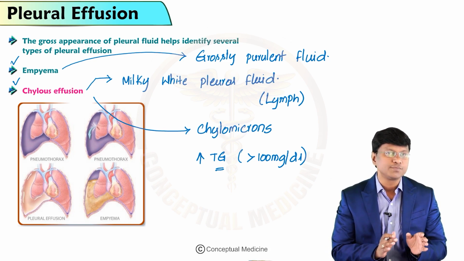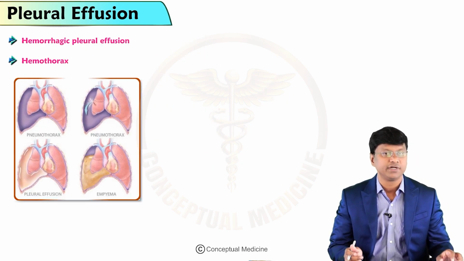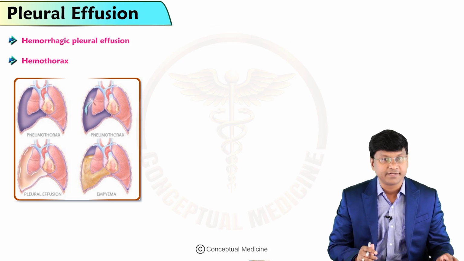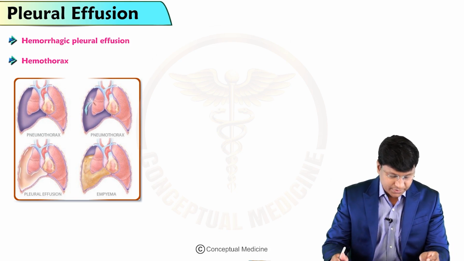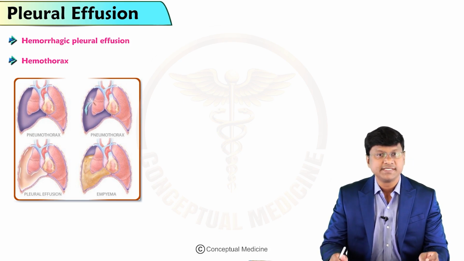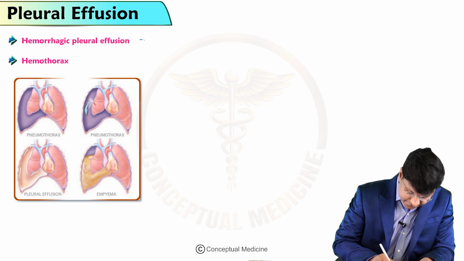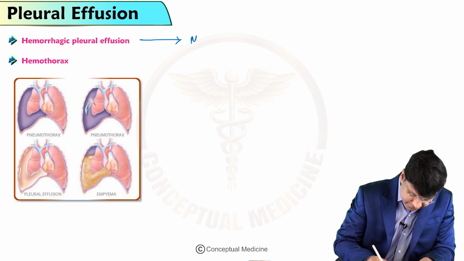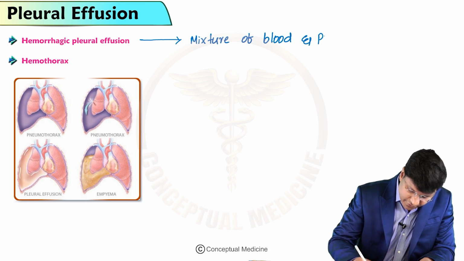Another form of effusion that can be there within the pleura is the hemorrhagic pleural effusion, and another important terminology is hemothorax. What do you understand by hemorrhagic pleural effusion? It is a mixture of blood and pleural fluid.